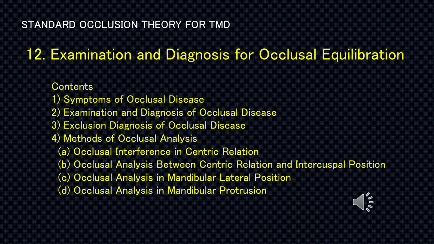Methods of occlusal analysis. A. Occlusal interference in centric relation. B. Occlusal analysis between centric relation and intercuspal position. C. Occlusal analysis in mandibular lateral position. D. Occlusal analysis in mandibular protrusion.